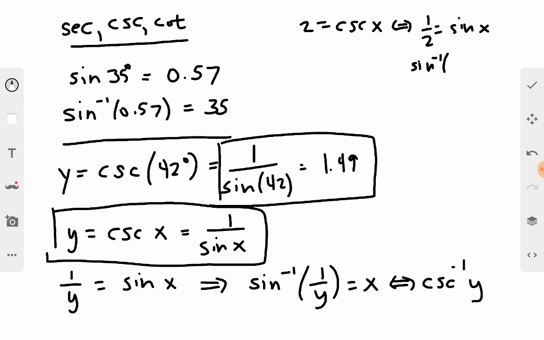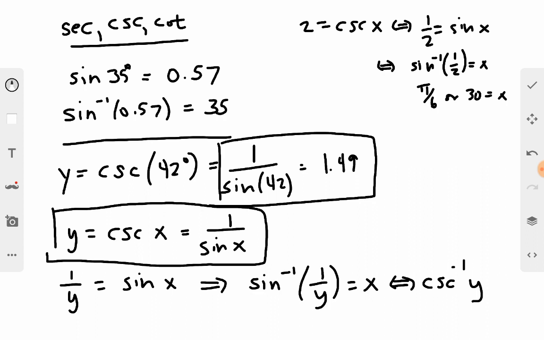Sine inverse of 1/2 is equal to x. And we know that sine inverse of 1/2 is equal to pi over 6, or 30. So if we change it into a sine problem, that's something that we know how to do.